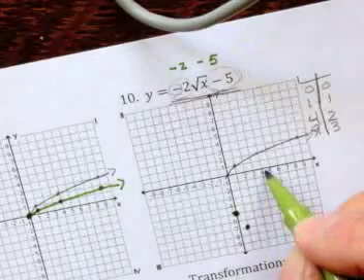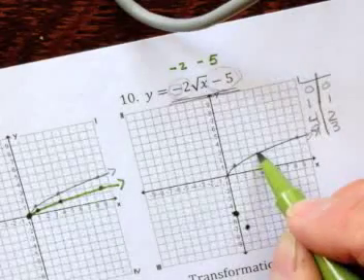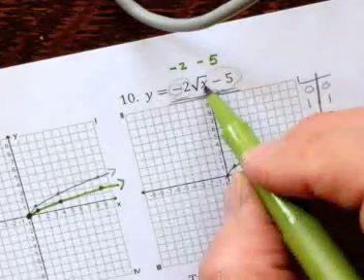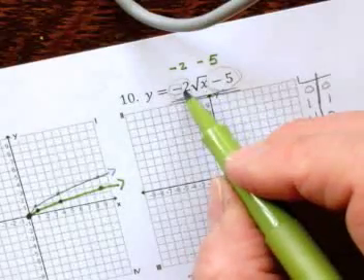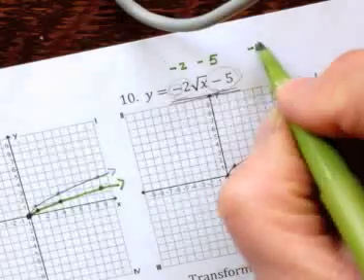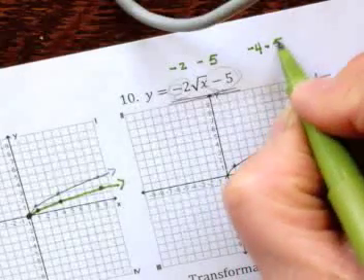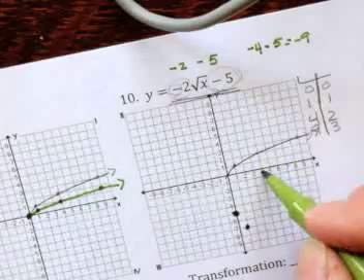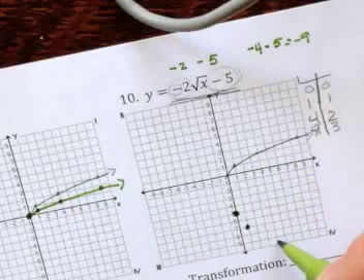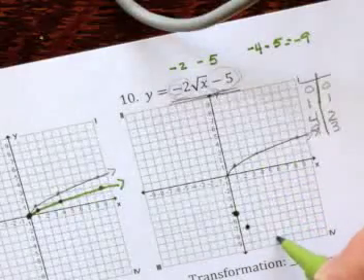Now I'm going to take a look at this point at 4, 2. My y value is 2, and so I multiply that times -2, and I get -4. And then I subtract 5, and that gives me -9. So when x is 4, y is -9.